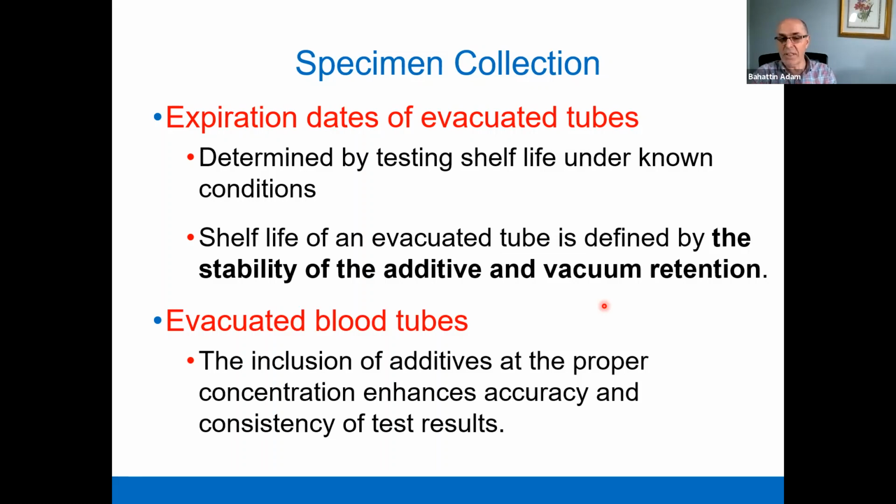However, for these test tubes, you have to fill them with blood, because the ratio between additives or anticoagulants and the volume of the blood that you collected is important.